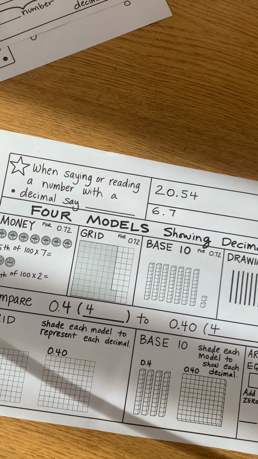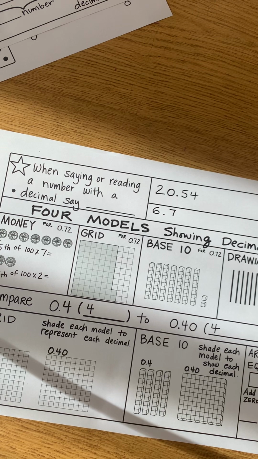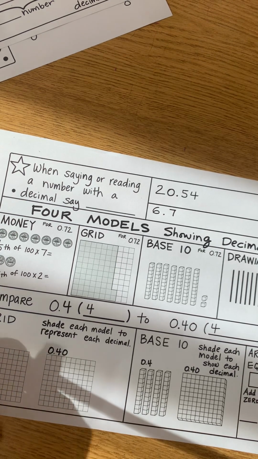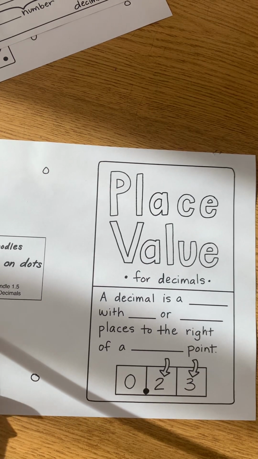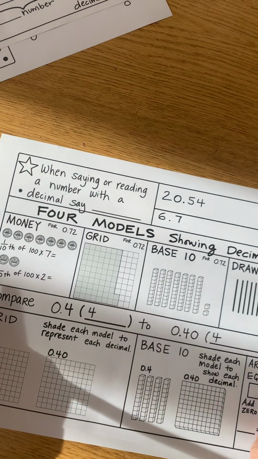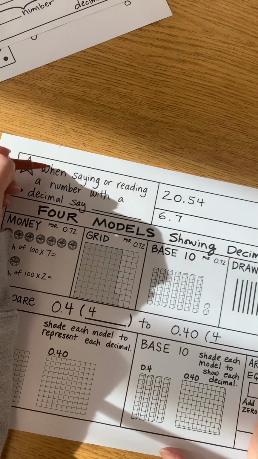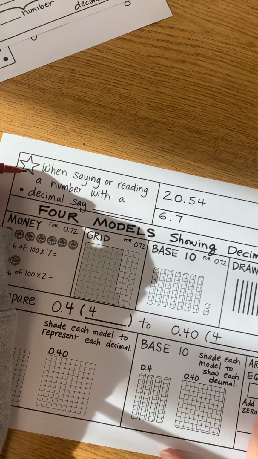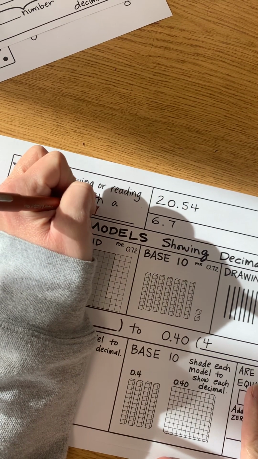Okay, so you are going to need this paper that you can see on your screen now and this paper here. Okay, so what it says is when saying or reading a number with a decimal, we're going to put "and" in quotations because we're saying it.